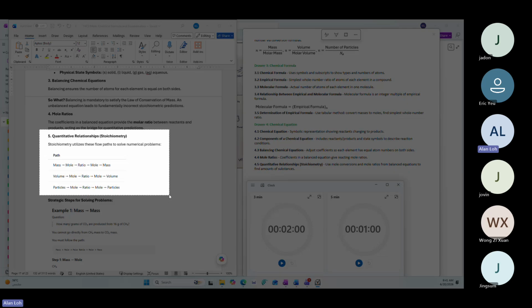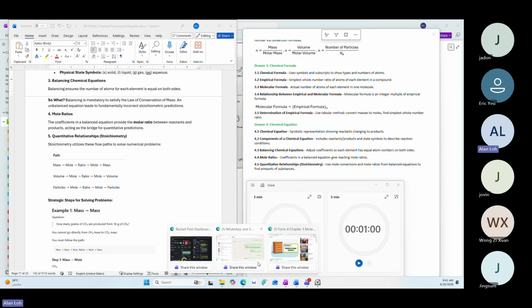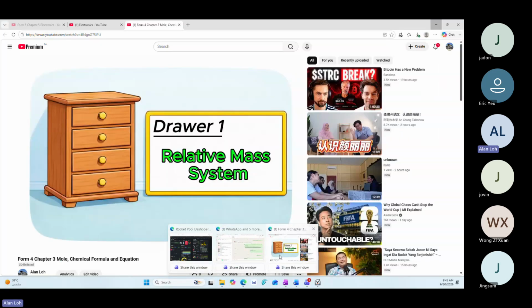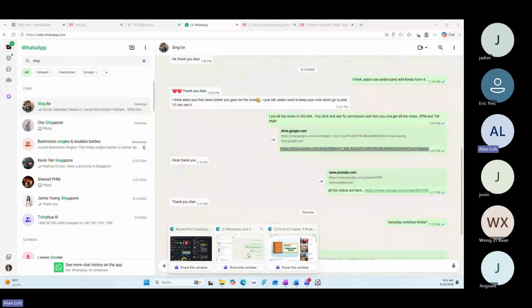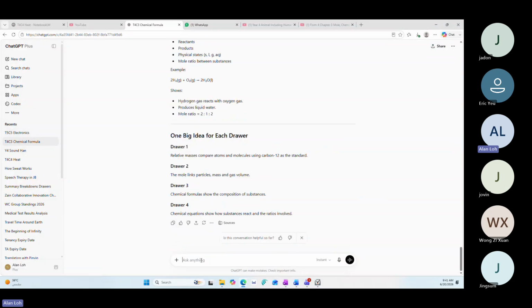It's either screenshot or you can copy the whole text, open it in ChatGPT, right? I hope you know how to use ChatGPT. Then I paste it here, the screenshot, explain in a more simpler way.